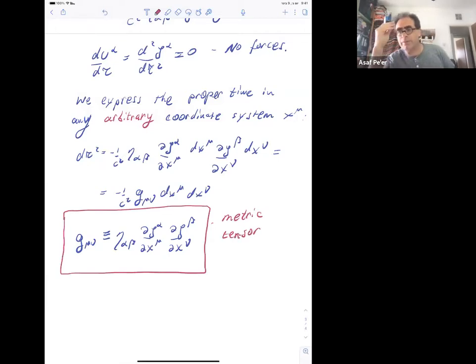But this time in an arbitrary space, not necessarily a Minkowski space, in any space. Everything I do is completely general from a mathematical perspective.